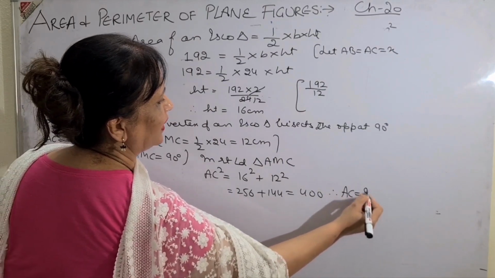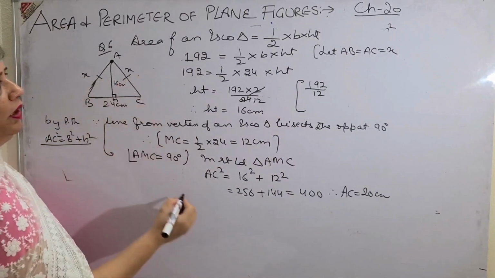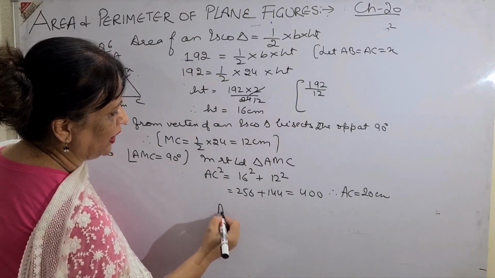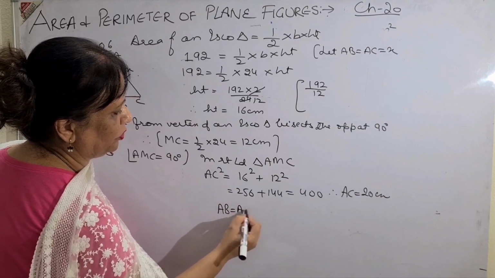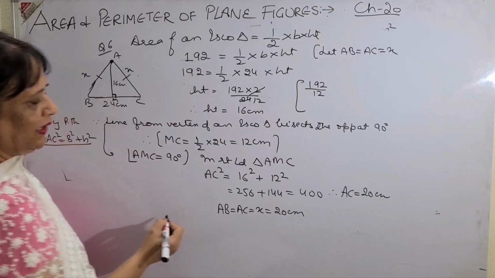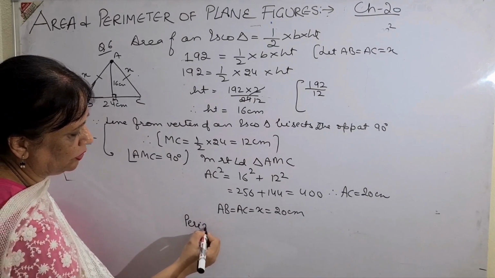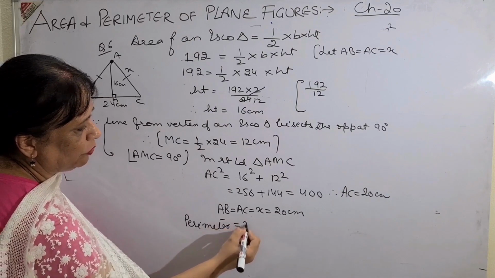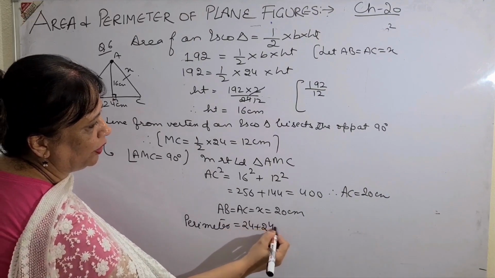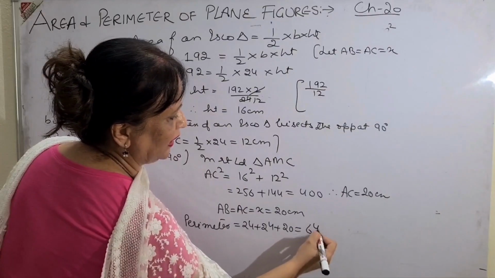Therefore AC is 20 centimeter. Got the value of AC? Since AC and AB are equal, AB is equal to AC is equal to x is equal to 20 centimeter. Now they have asked me to find the perimeter, so the perimeter will be equal to 24 plus 24 plus 20, that is equal to 64 centimeter.